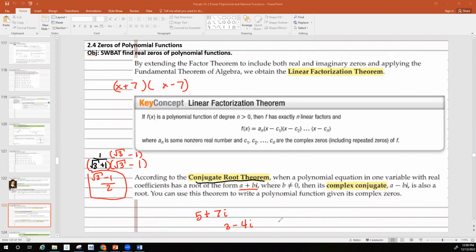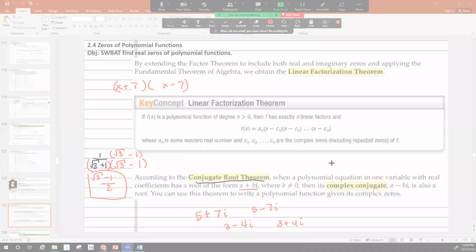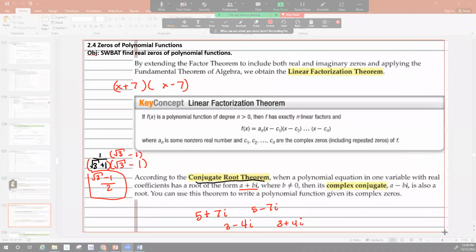So 5 plus 7i, or 3 minus 4i, something like that. That means 3 plus 4i is also a root, or 5 minus 7i is also a root. The conjugates. If you're wondering what I'm talking about, we're going to look at some right now, so don't worry.